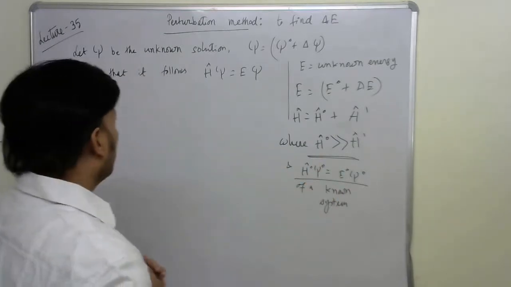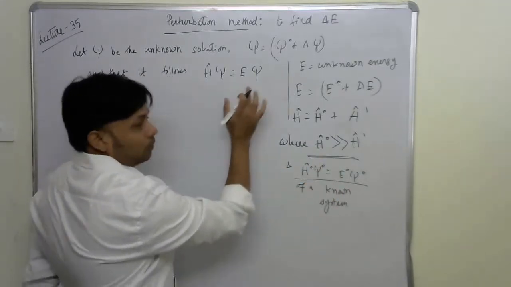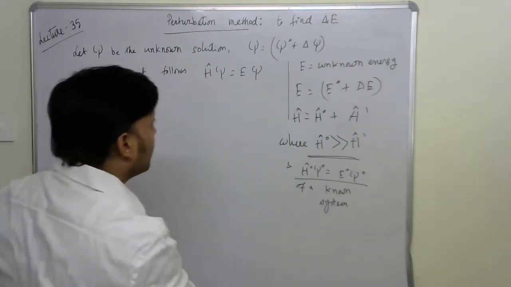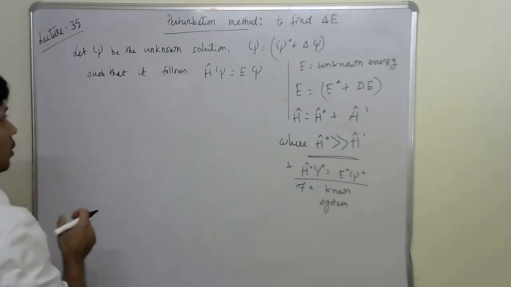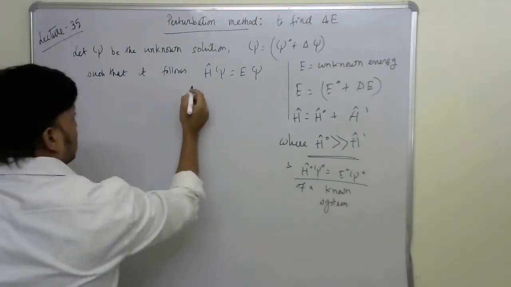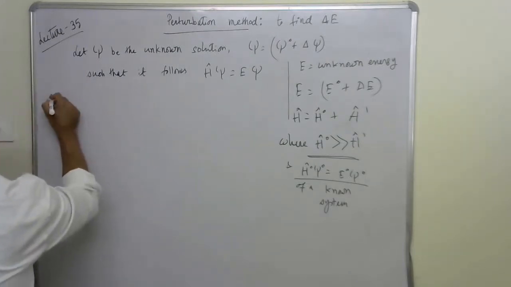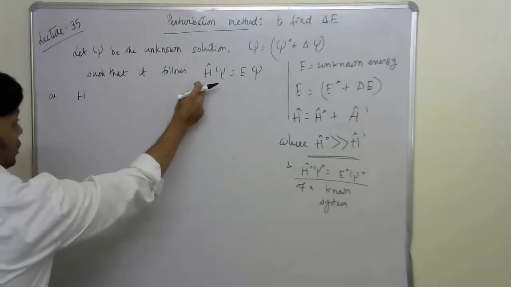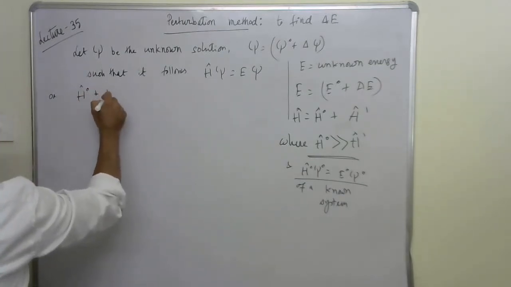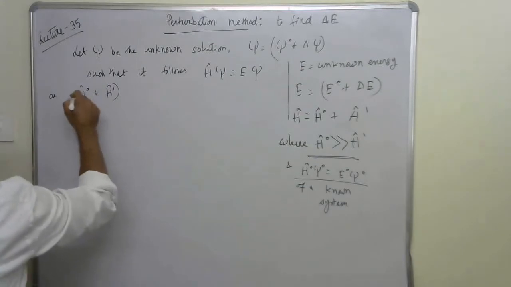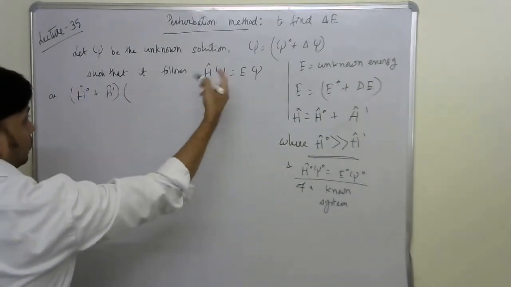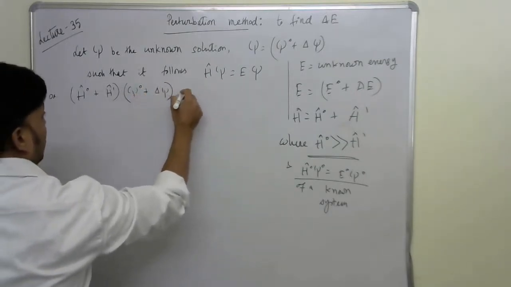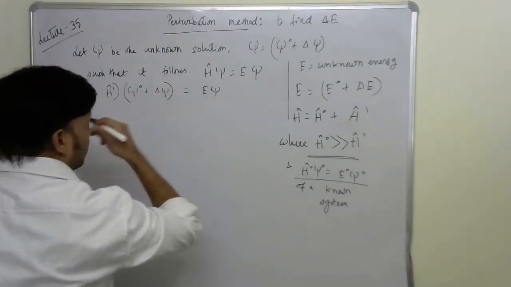So let's start. Given H psi is equal to E psi, we can expand H as H0 plus H1 cap, multiplied by psi, which we expand as psi naught plus delta psi, is equal to E psi. Good.